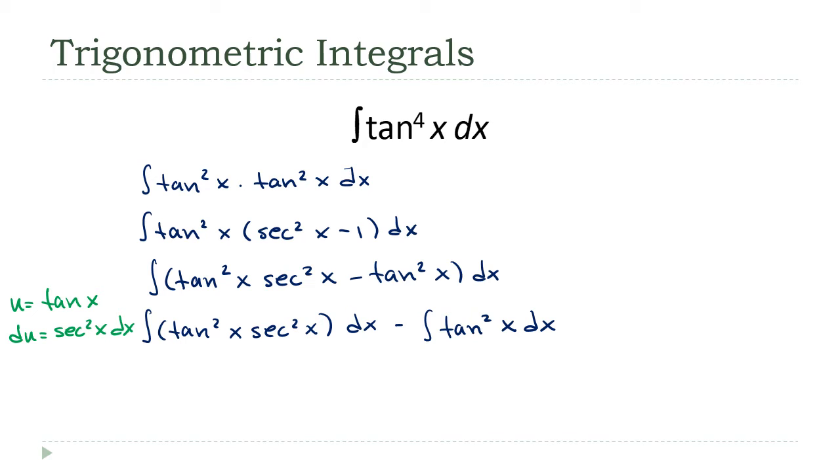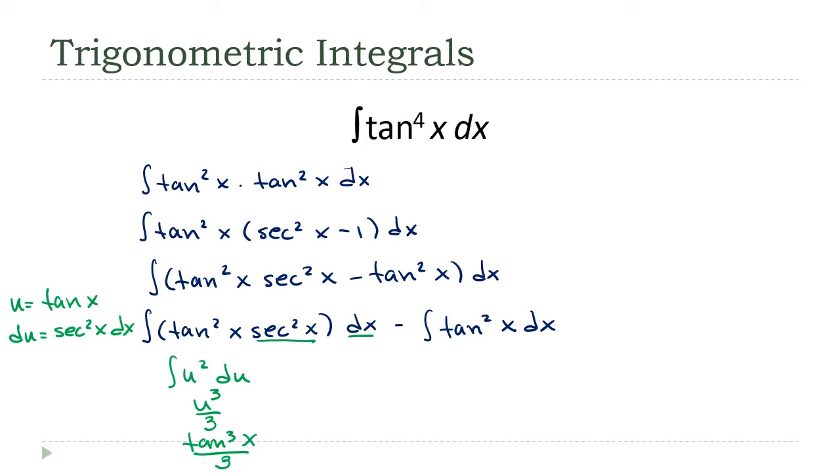And that makes this integral the integral of u squared du. Excellent. This is u to the third over 3. I'm not going to worry about the constant right this second. I'm just going to stick one big constant on at the end. So now if I put the tangent back in here, this is tangent cubed x over 3.